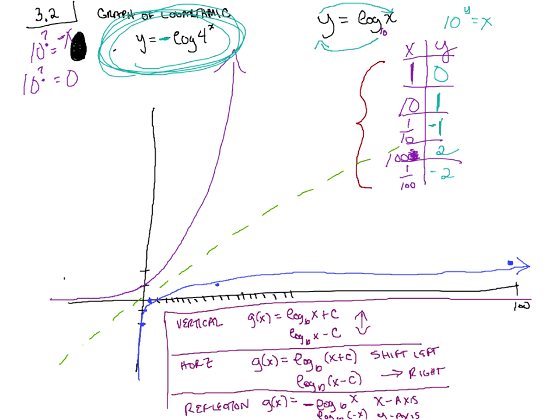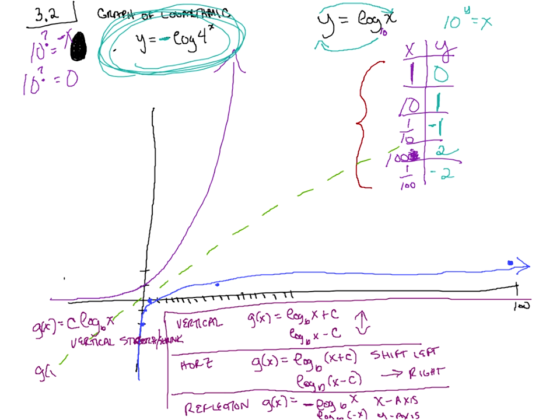And we find out that g of x equaling c, so some coefficient being multiplied by the entire log, is either going to be a vertical stretch or shrink, depending on the value, and you can go and look in the book and see what those values are. Vertical stretch or shrink. So in the y direction, the up and down direction.